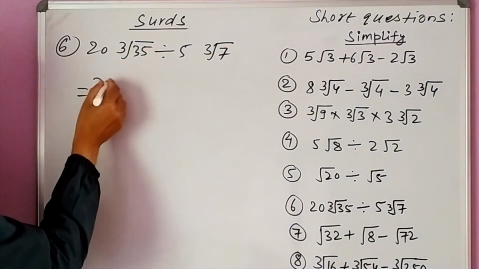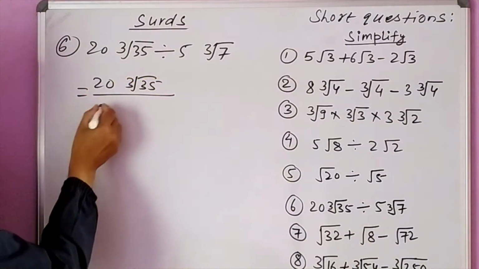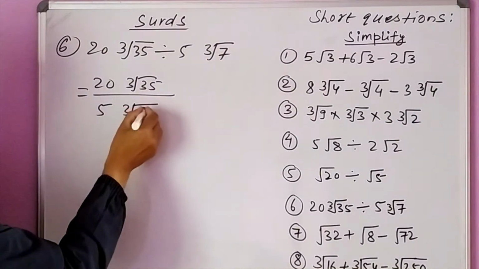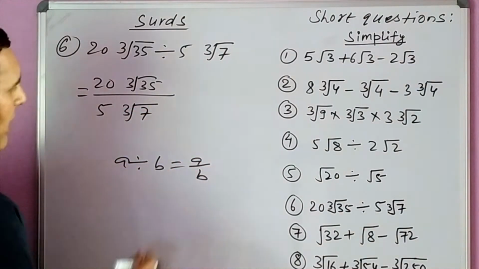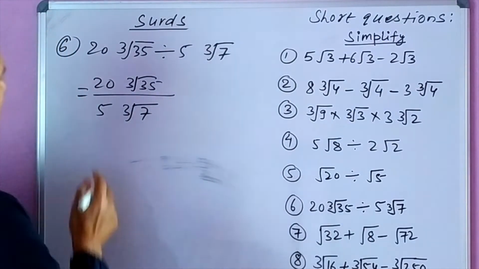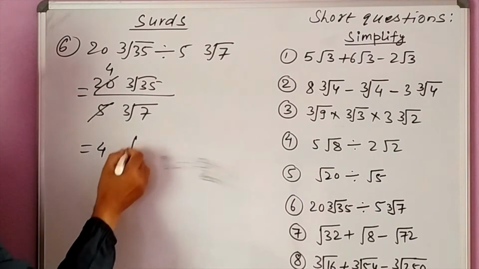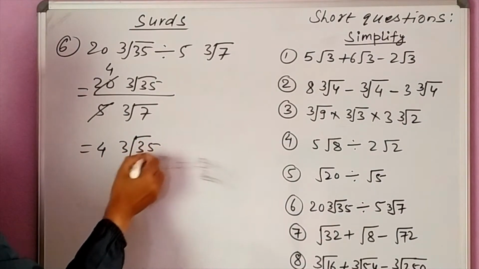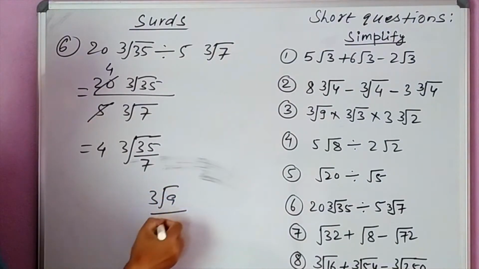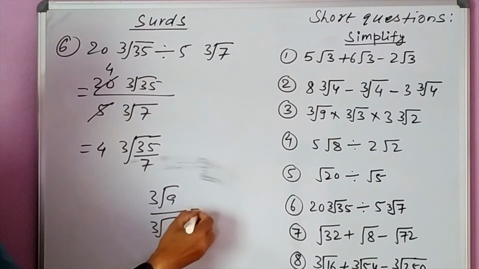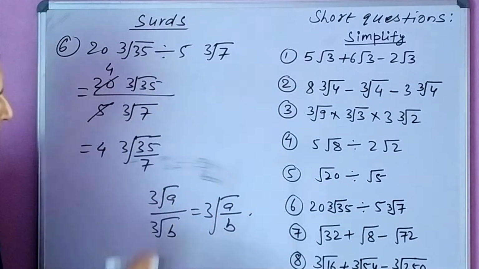It is 20 cube root of 35 upon 5 cube root of 7, because a divided by b is a upon b. Now this can be written as cube root of 35 upon 7, because if we have cube root of a upon cube root of b, we can write this as cube root of a upon b.